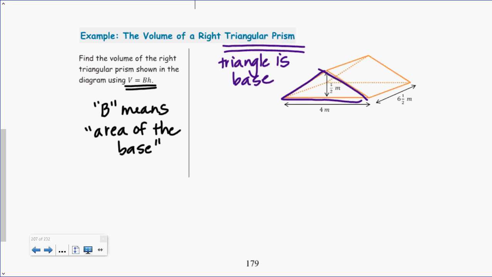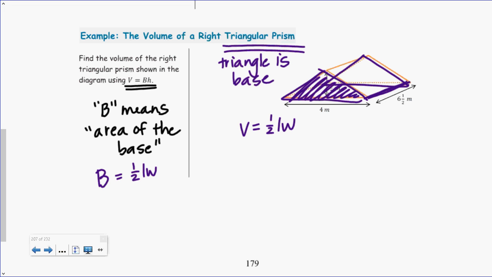The reason that they use capital B here, for this one, capital B is 1/2 length times width. That's because to find the area of a triangle, I do 1/2 the length times the width. Then we multiply by the height, or the line that connects the two triangles. Okay, so to simplify this though, we are going to use the formula 1/2 length times width times height.